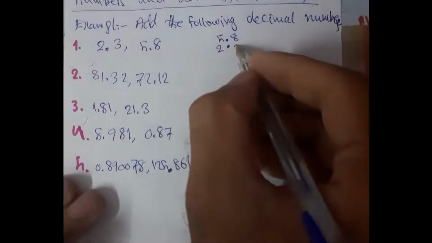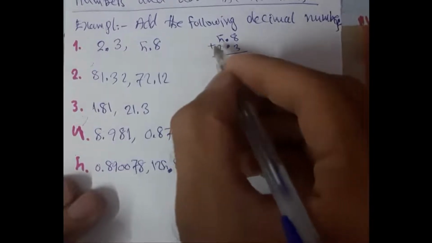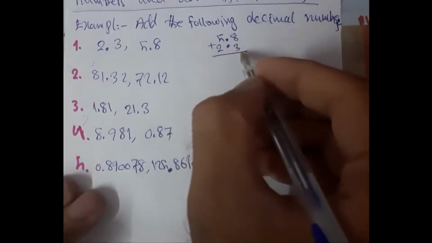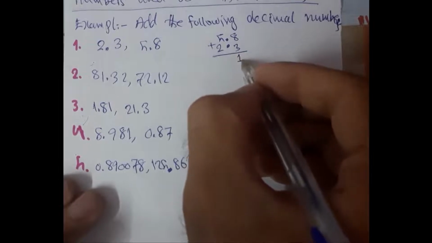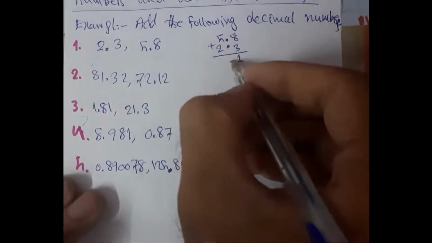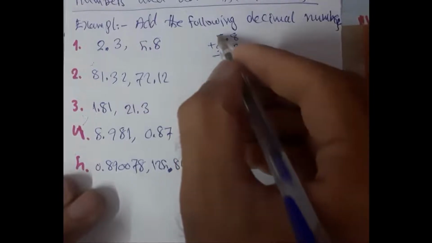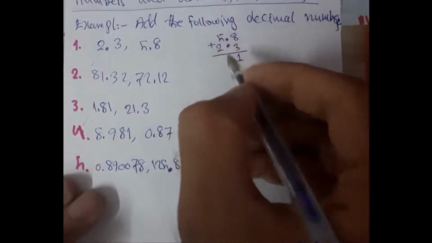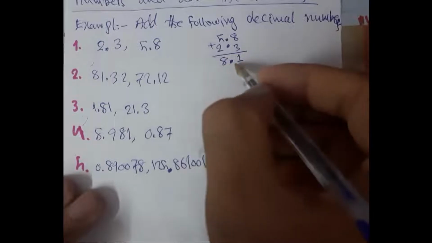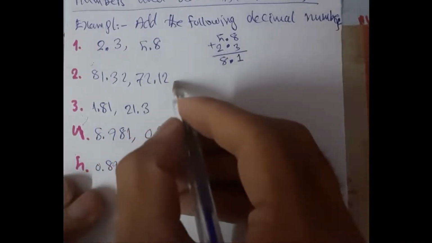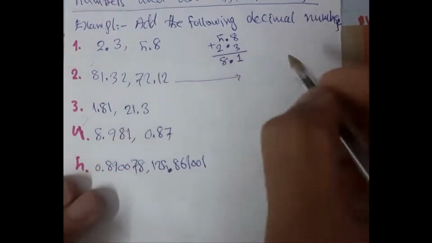Then we add: 8 plus 3, 11. We write 1 here, and we have 1 plus 5, 6, plus 2, 8. So it is 8.1.